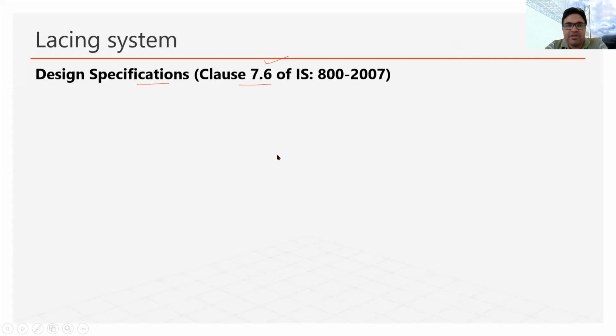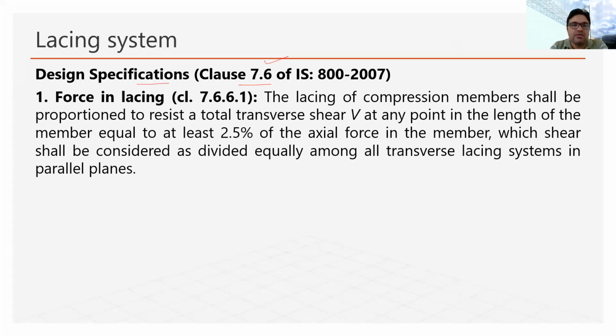Now we will discuss the design specification. In the design specification, the first point that we have to find out is the force in the lacing bar. You can see this is the main component, and to join these main components we are providing this lacing bar, so there must be some force in this lacing bar also. How much that force is, we have to see.